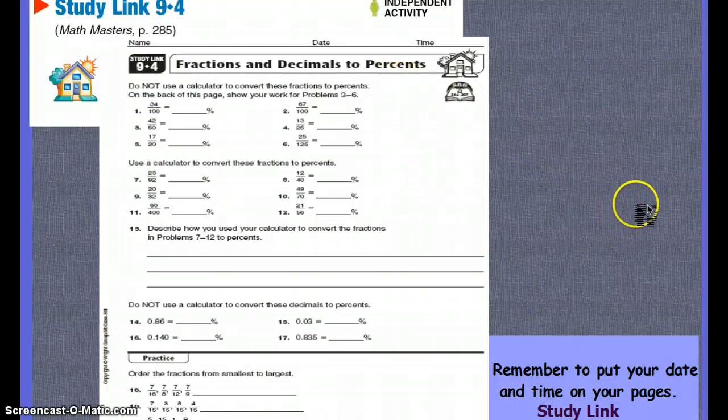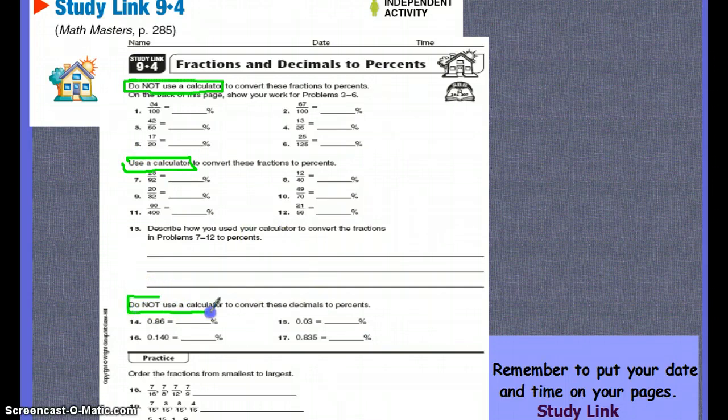Pay attention, it says do not use a calculator to convert these fractions to percents. And then the second part says do use a calculator. So this part right here, make sure you're seeing it says do not use a calculator. And for this one it says use a calculator. Alright, again down for 14 through 17, it says do not use a calculator. And then please finish the page by doing the practice on the bottom.